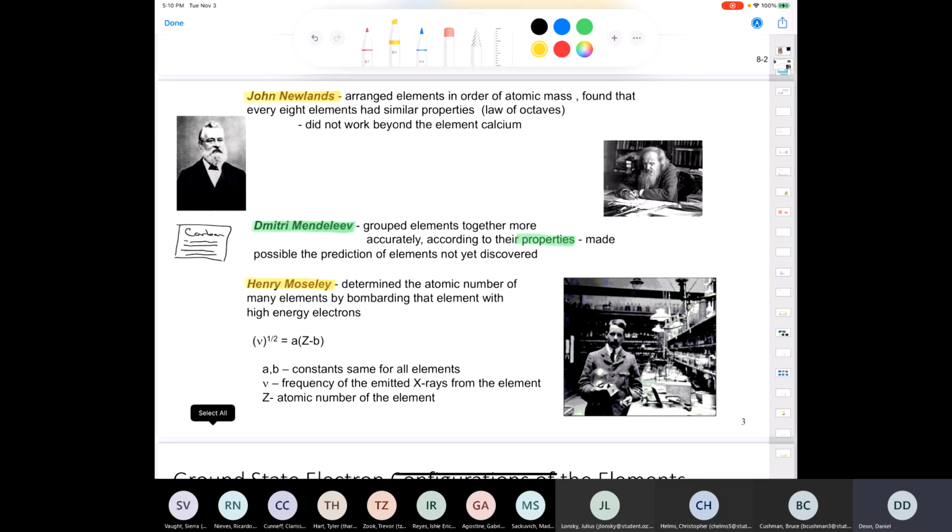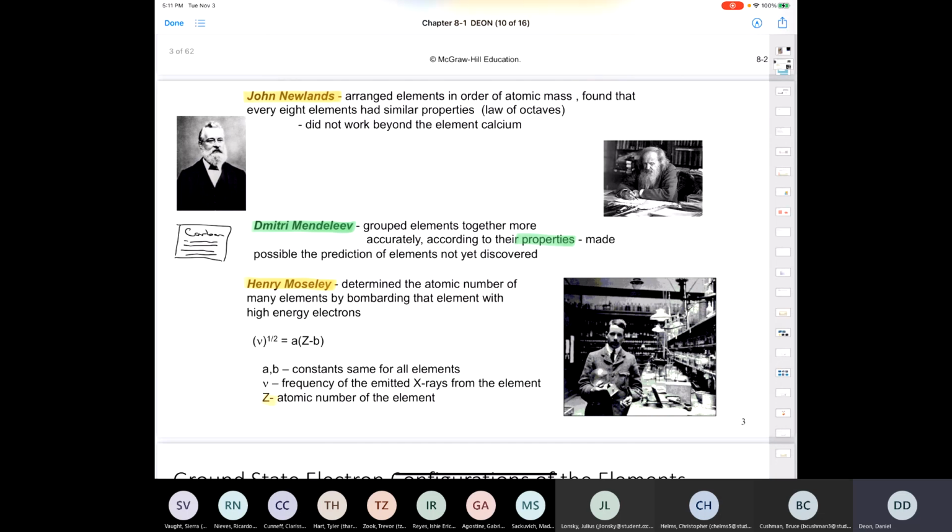And what he found, the frequency of electromagnetic radiation that was given off when he bombarded these elements with high-energy electrons, the square root of that frequency was directly proportional to the atomic number. And so again, this is more evidence for organizing the elements in terms of their atomic numbers rather than their atomic masses.